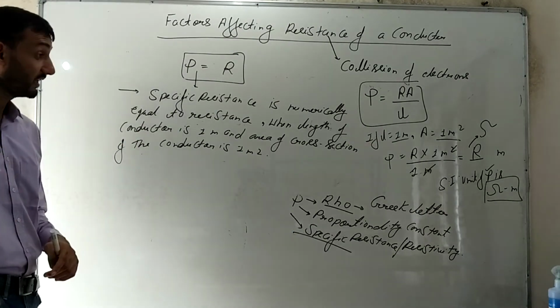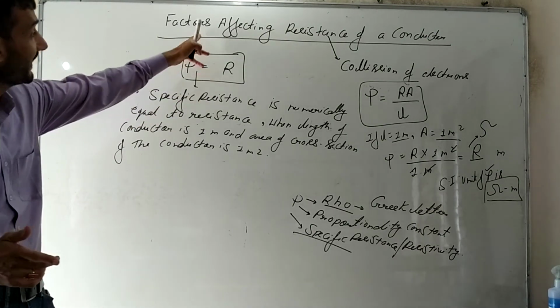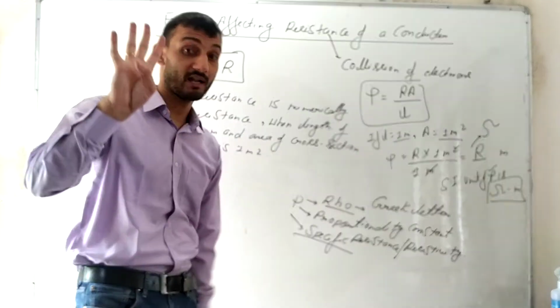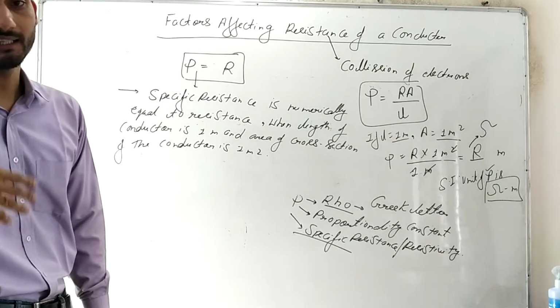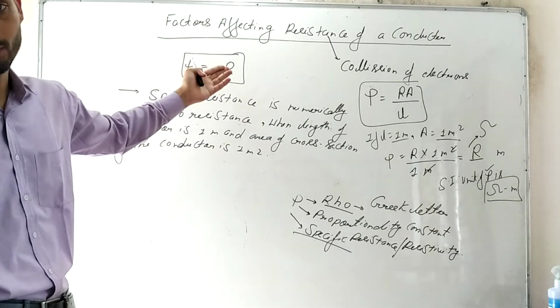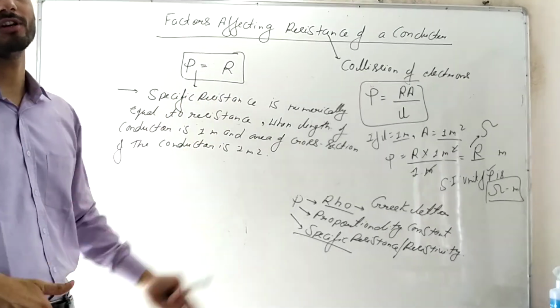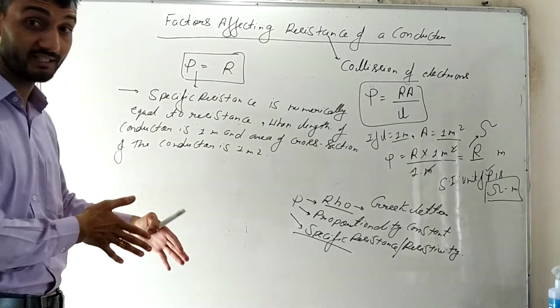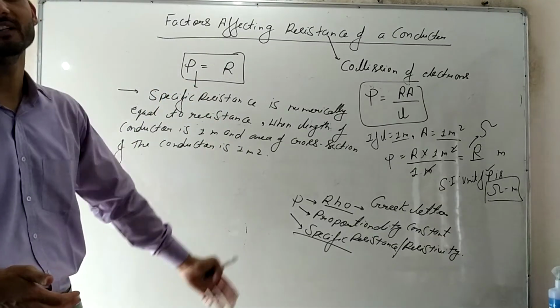Now very quickly, let me touch upon a very important factor. As we discussed, the factors affecting the resistance of the conductor are 4 factors: length, area, nature of material and temperature. But if I am asking you about the specific resistance, you are not concerned about the length and the area of cross section. What you are concerned about is the nature of the material. You will ask me, sir, tell me whose specific resistance or resistivity you want to know.